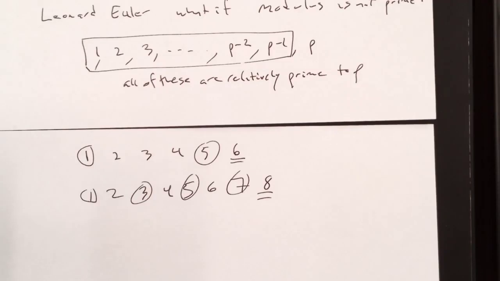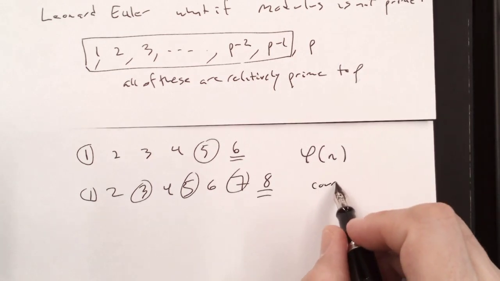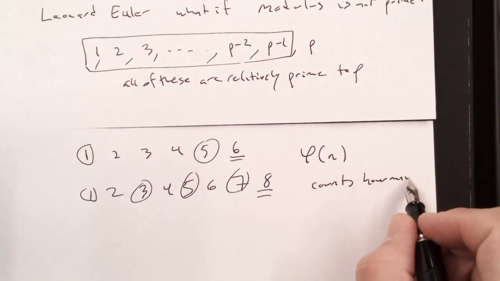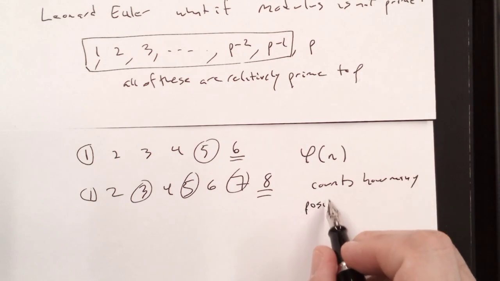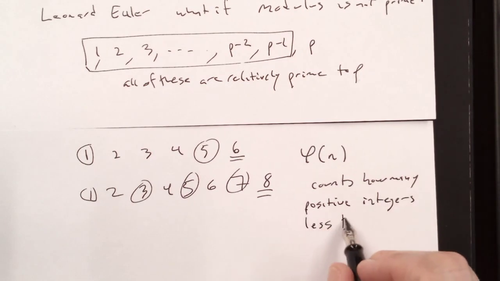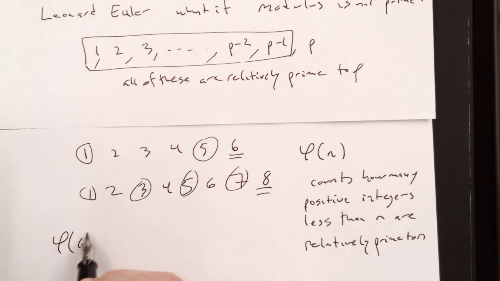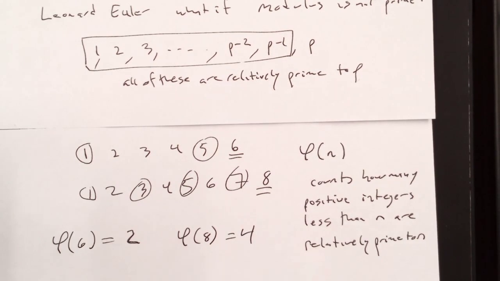Euler decided on a function, and he was going to call it phi of n. And phi of n counts how many numbers less than n are relatively prime to n. So what we've just shown is that phi of 6 is 2, and that phi of 8 is 4.